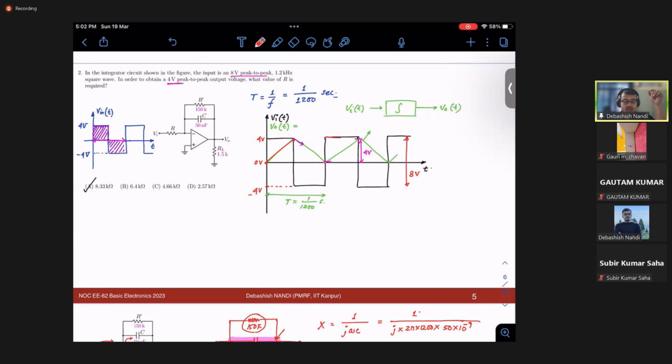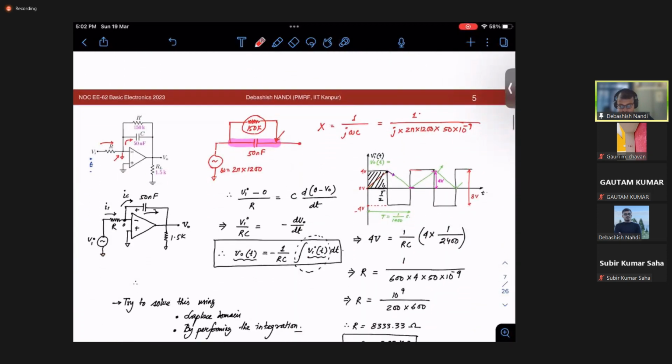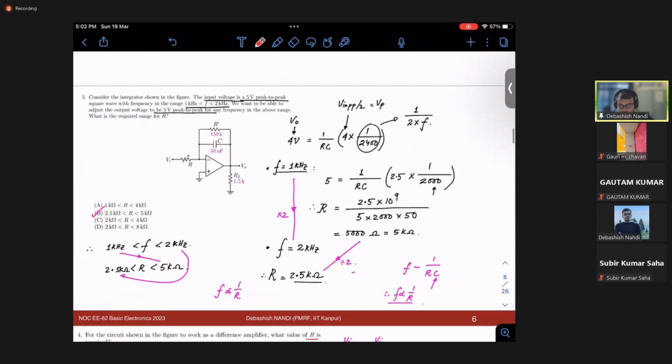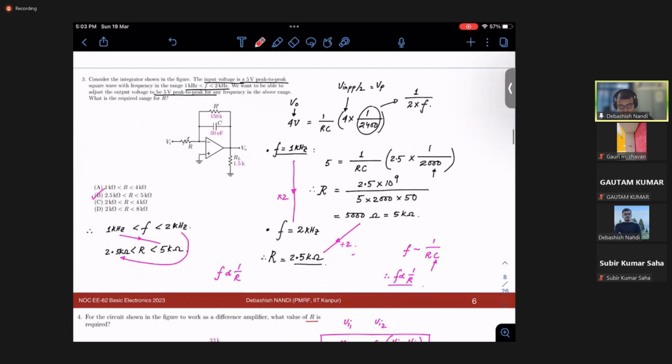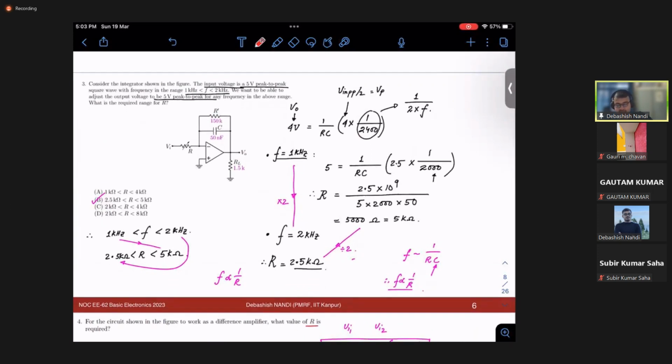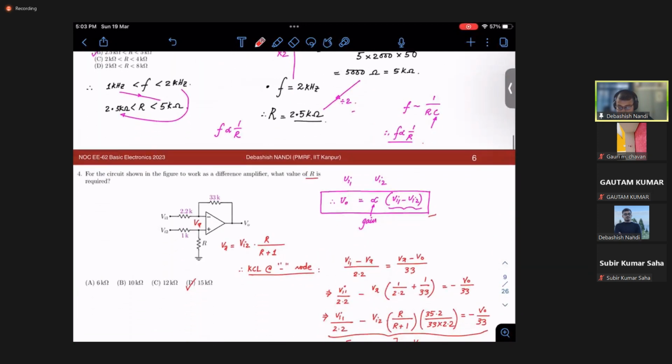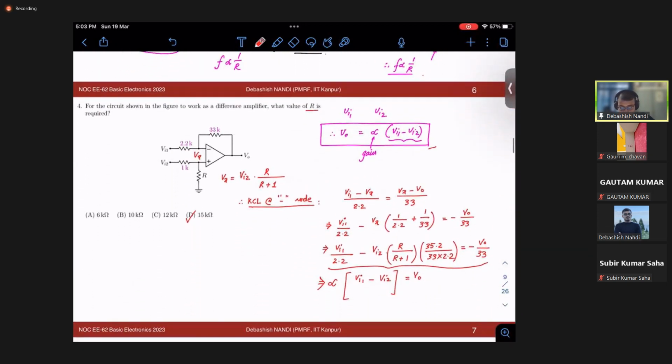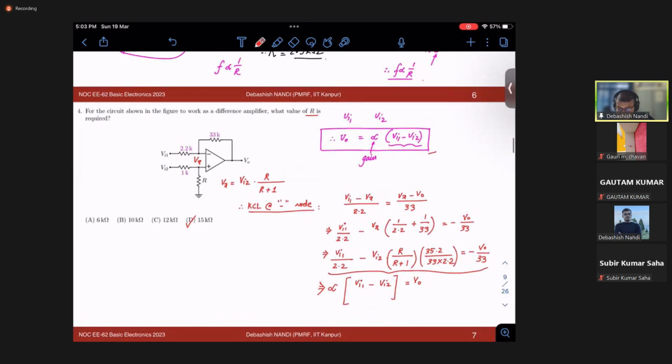And after that we have taken up again the same problem, but here we are finding out the resistance R at the input. Then we have discussed this ideal difference amplifier, and how to go about solving this problem. How, just by looking at the topology of the circuit, to tell the gain of the stage.